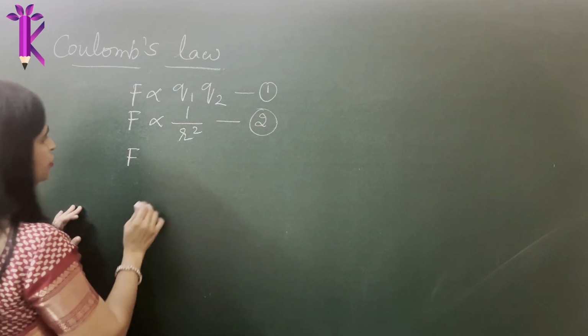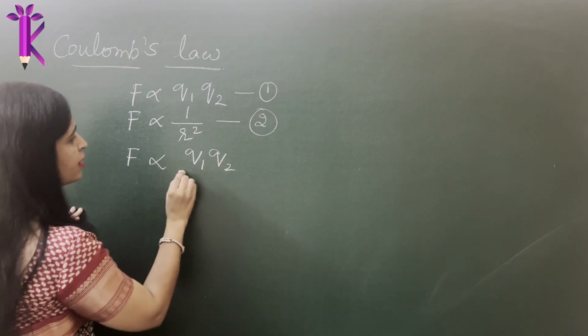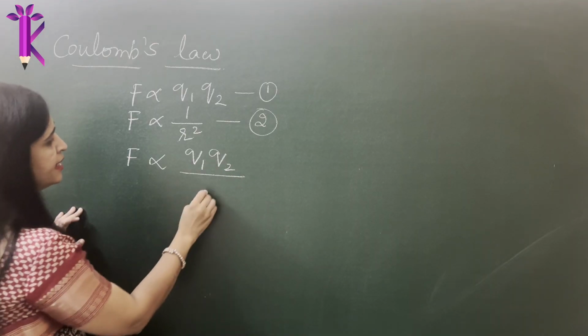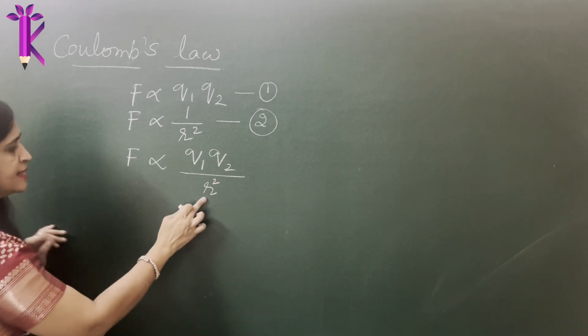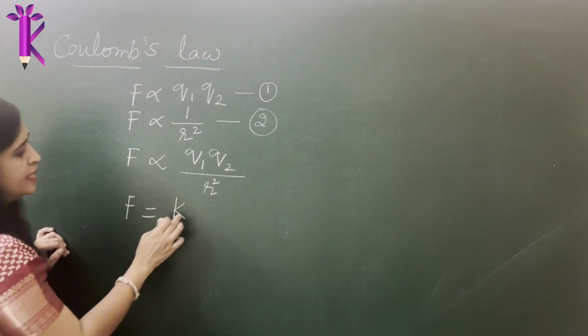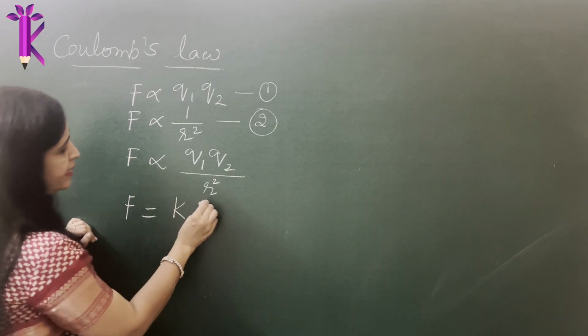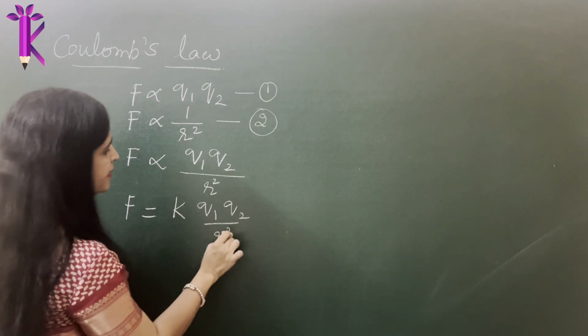Combining equations 1 and 2, we get F is proportional to the product of the magnitude of the two charges in the numerator, divided by the square of the distance between the two charges in the denominator. Introducing a constant called Coulomb's constant, you write it as F equals K into Q1 Q2 divided by r square.